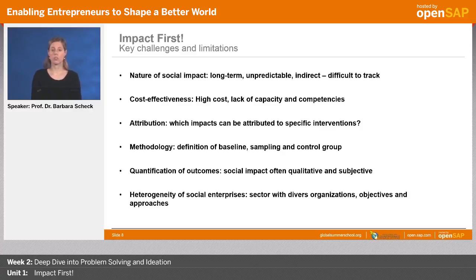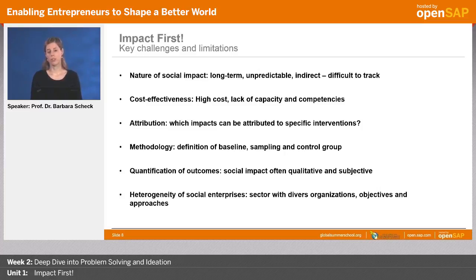Due to the nature of social impact that is long-term, unpredictable, it can be very difficult to track. Second of all, impact assessment can be very cost-intensive. So you have to carefully balance the trade-off between the resources that you put into impact assessment and the benefits that you have from the assessment.